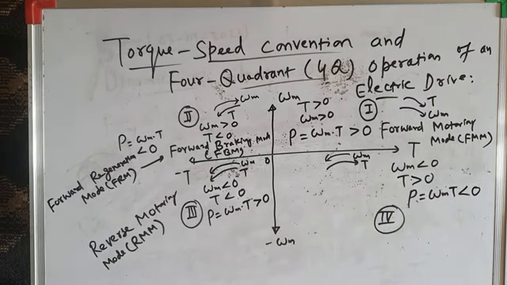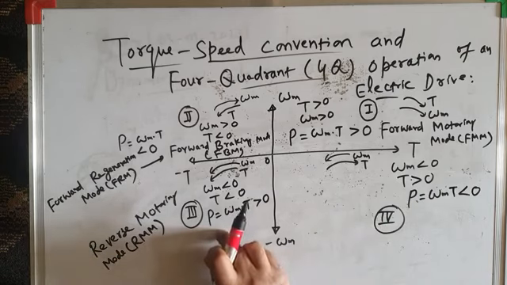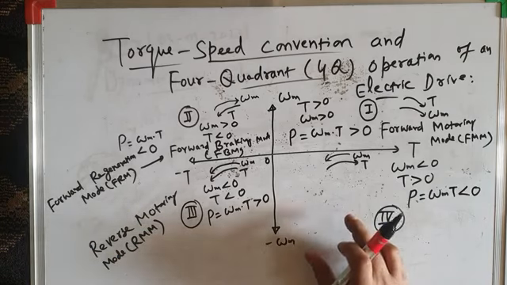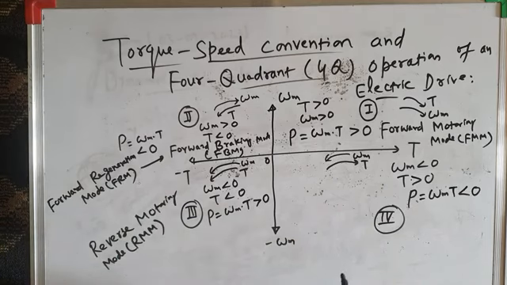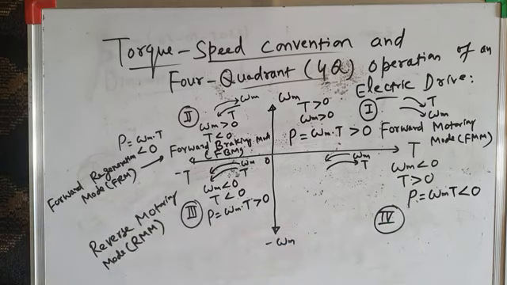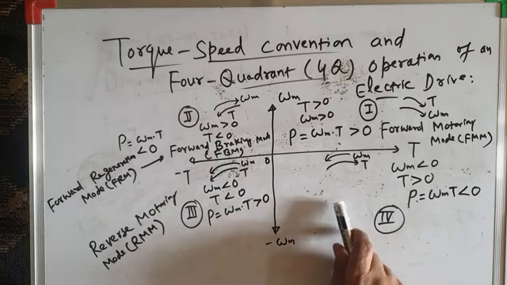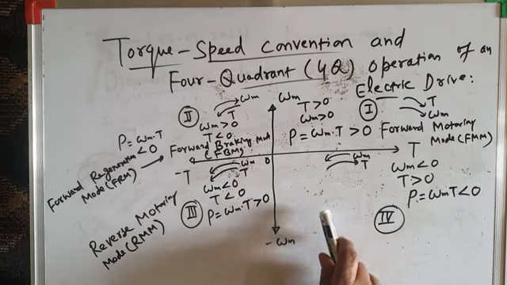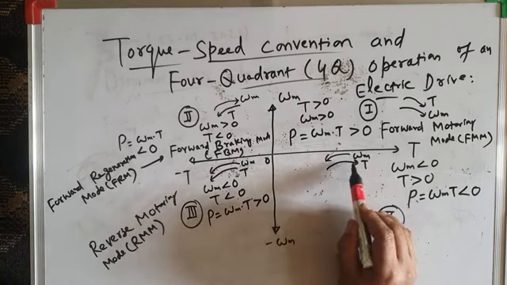Negative power means that your machine, which was acting as a motor in the third quadrant, will act as a generator. It will take the braking energy of the motor and its driven load, convert that braking energy into electrical energy and supply that energy back to the source. So that means your machine is not operating in the motoring mode, it is operating in the generating mode. And in the generating mode, the direction of torque reverses.